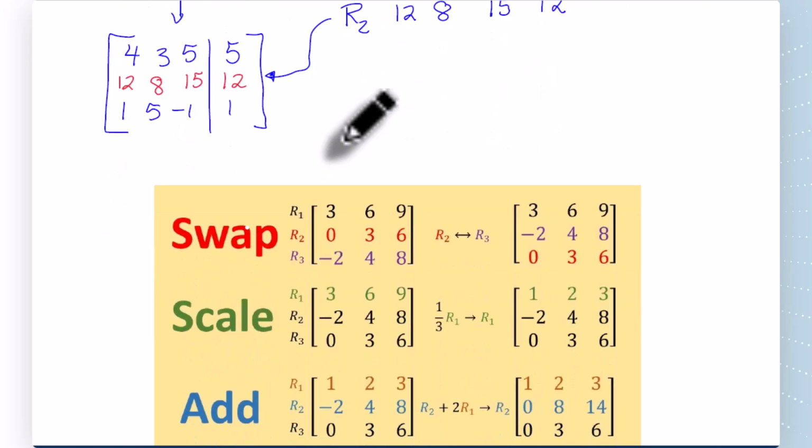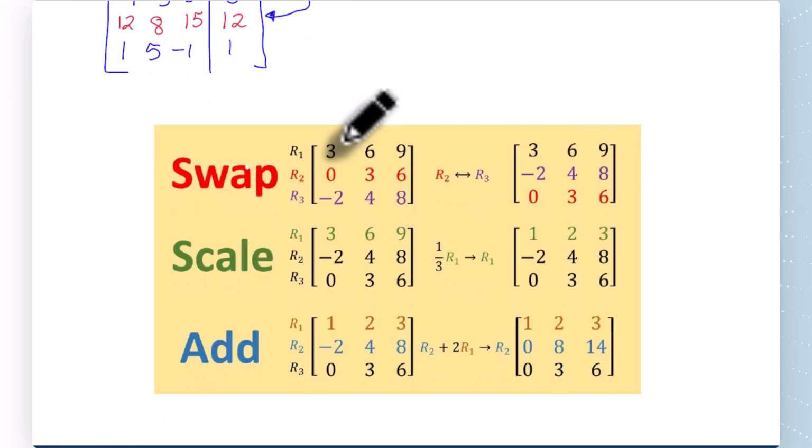All right, so what kind of row operations can we do? Well, if I want, I can swap some rows. So you see here they have taken row 2 and swapped it out with row 3. That's allowable. I can multiply a row by any non-zero number.